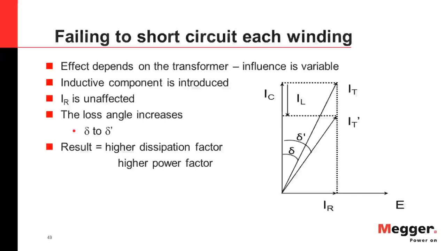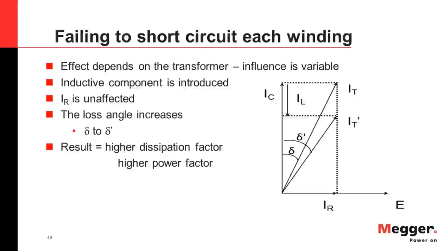And so in this case, we start with a loss angle of delta, and this increases to an angle of delta prime. And the result is, in this case, a higher dissipation factor or a higher power factor. And the concern is that because you don't know how much it's contributing, you could errantly forget to short circuit a winding, and it may introduce a little bit of a change and cause power factor to be elevated, but not so much that you think, oh no, I did something wrong with my test connections, and go back and check.